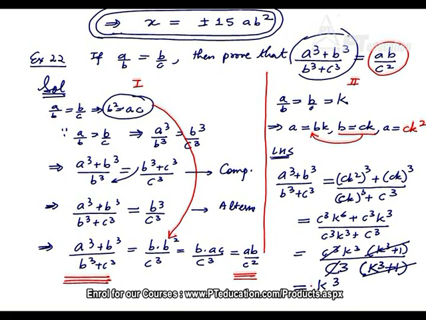This k cube now we have to prove is equal to ab upon c square. Can we prove that? Yes, we can prove that very easily. How? We know that a is ck square and b is ck, divided by c square, which is nothing but k cube. Hence, LHS is equal to RHS.